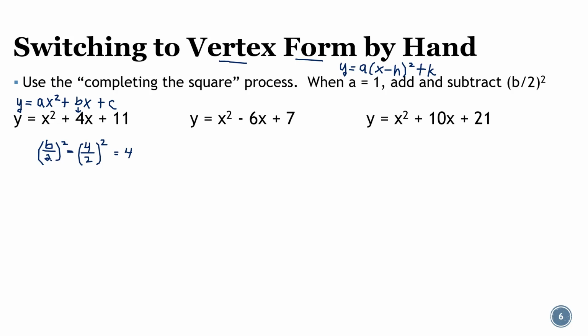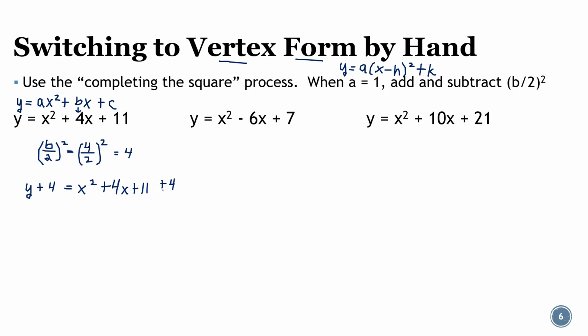Normally, if I'm solving an equation, I want to add the same amount to both sides. So if I would do that, I would get y plus 4, adding the 4 that we calculated to the left, and I would get x squared plus 4x plus 11, and then I would have a plus 4. And we know that this is sound algebra because we've done the exact same thing of plus 4 on both sides.